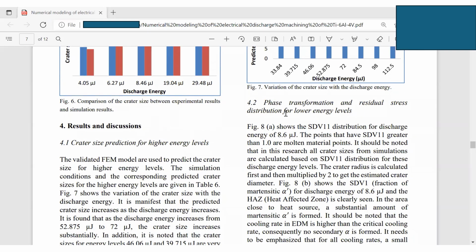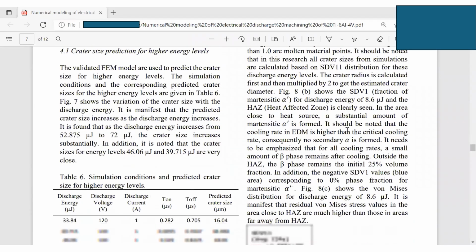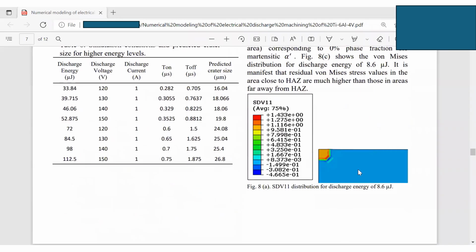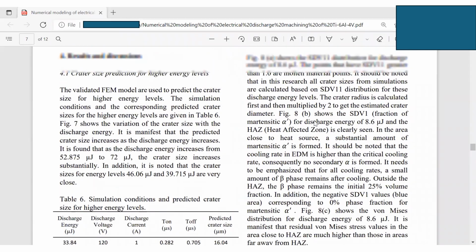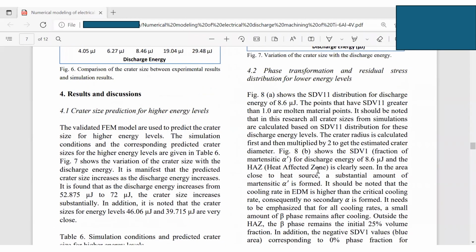Then the next section is the phase transformation and residual stress. And this is the phase transformation here. STV11 is for the discharge energy level.